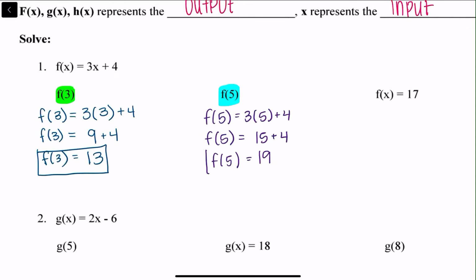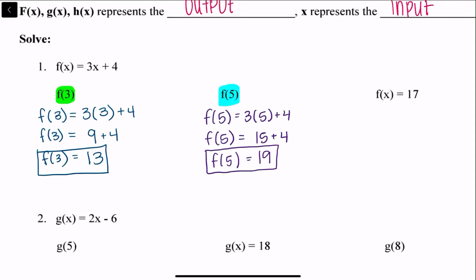So f of 5 equals 19. So notice for these first two problems, I had f of x and then it changed to f of a number. I replaced x with a number. When I replace the x with a number, I have to do that for every x in my equation.